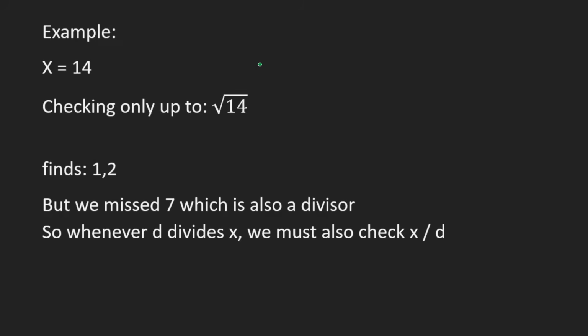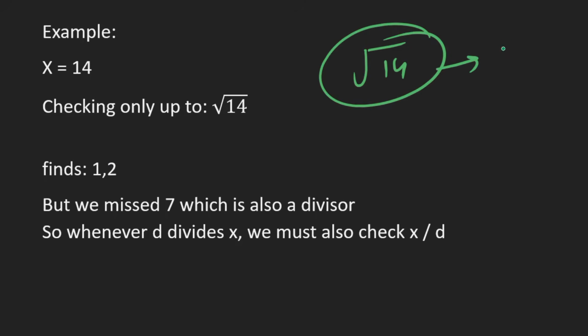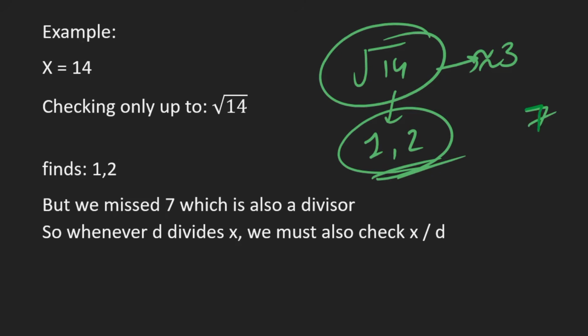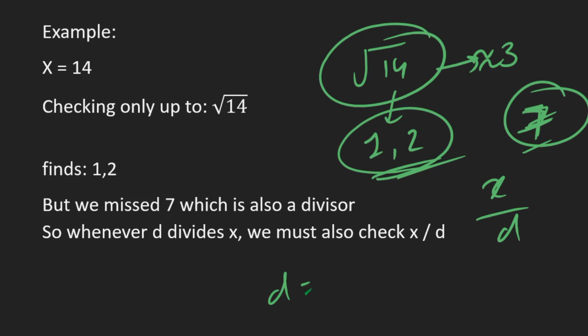So x is equal to 14, and we are checking up to root 14, which is almost 3. Almost 3 means we can take 1 and 2 only, but suppose 1 and 2 are not present in the array and 7 is present in the array. In this case 7 would be missed. That's why we are also checking x by d. If our d is 2, then x by d is 14 by 2, which is 7.